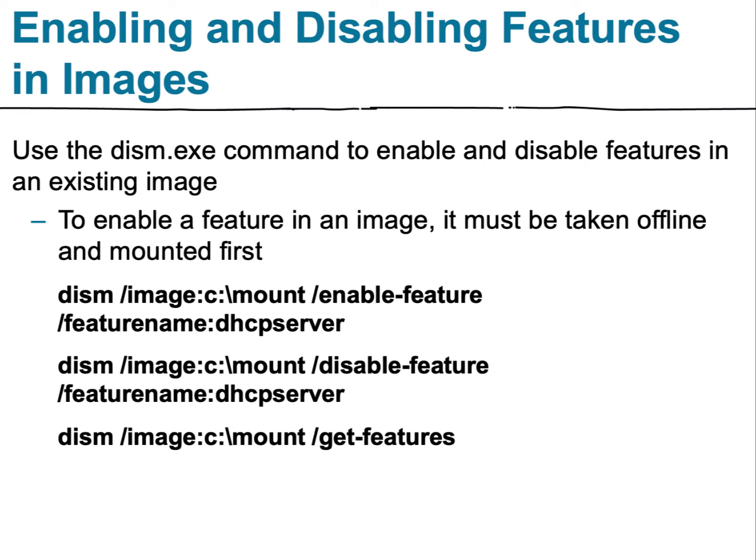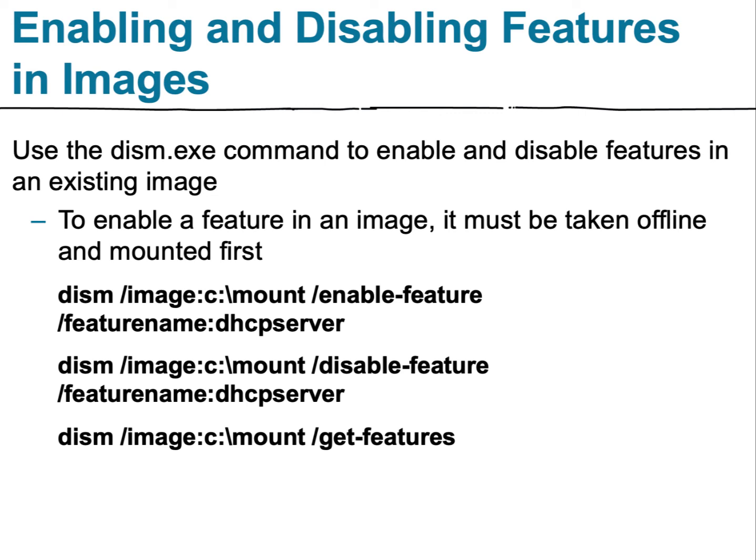First, take the image offline by right-clicking it in WDS and clicking Disable. Then right-click the image again and click Export Image. Note where you place the exported image and the name you gave it. The next step is to create a folder where you will mount the image.